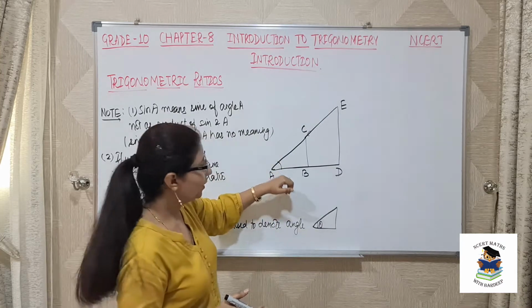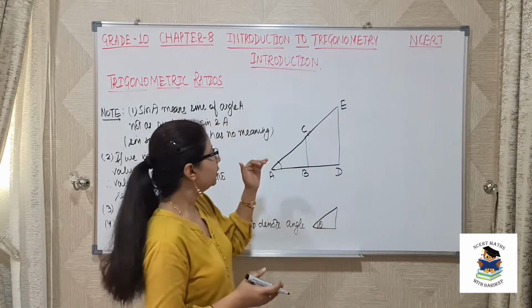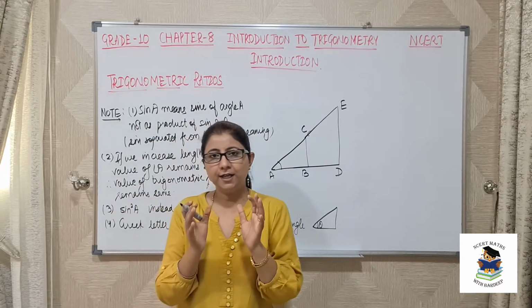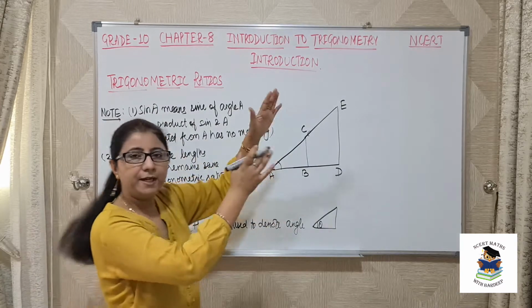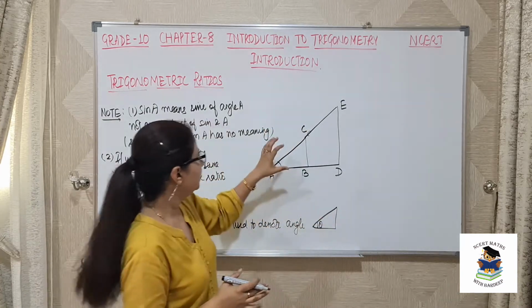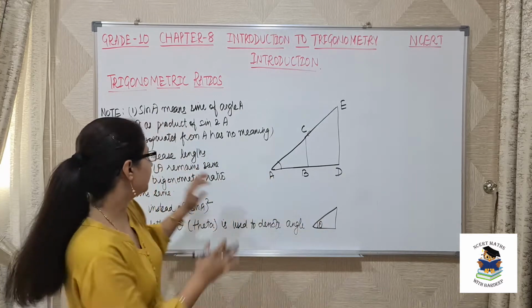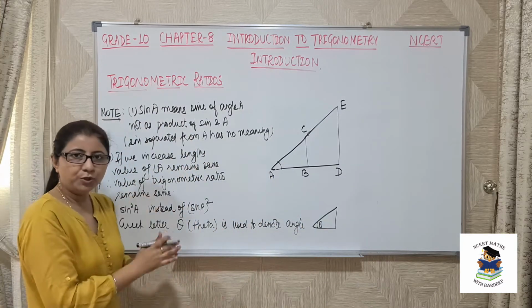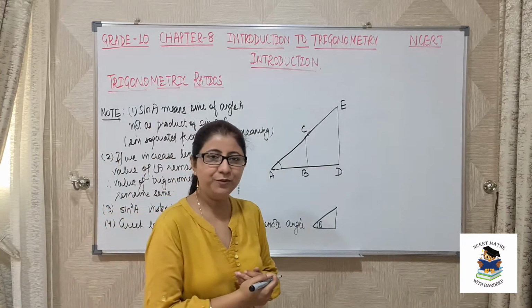If the angle is constant, then the trigonometric ratio is also constant. So this is the main key factor that is helpful in using trigonometry, that is, irrespective of the length of the sides, the angle remains constant. If the angle is constant, the trigonometric ratio is also constant and we can use them as standard values.